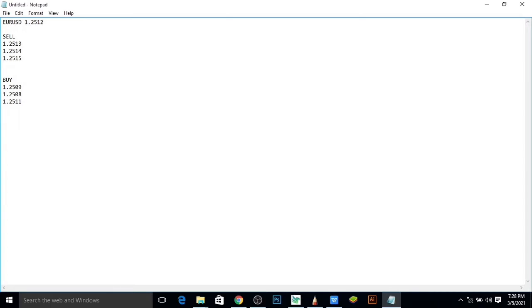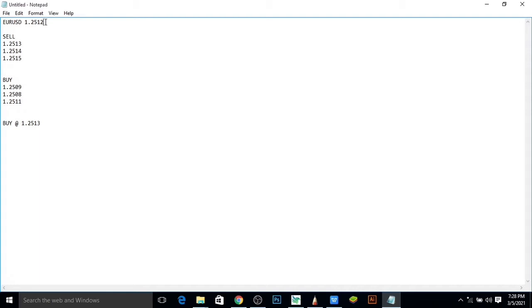So that means that if you choose to buy Euro USD now, you are going to buy Euro USD at 1.2513. Now, if you look at it, 1.2513 is still higher than the spot price, which is 1.2512, right?